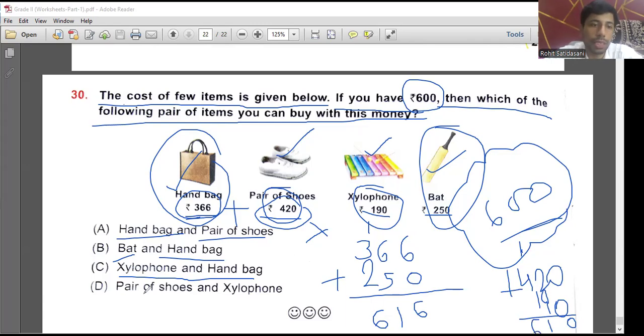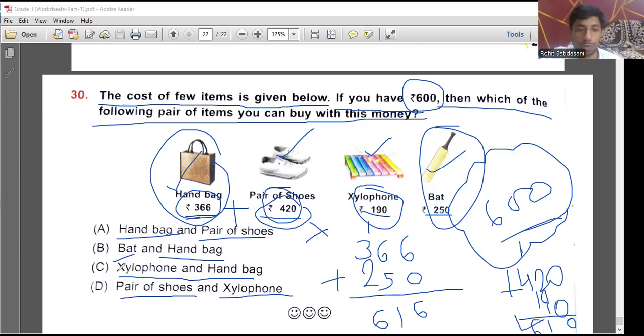No, again, we cannot buy this. Let's try the last option, pair of shoes and xylophone. Pair of shoes for 420 and 190. So option C was 400. Option D was 420 and 190, which we added, 610.